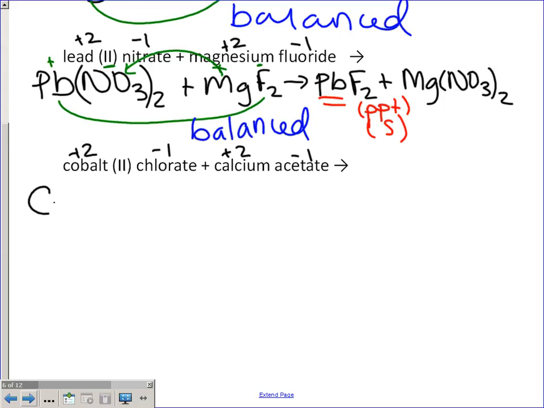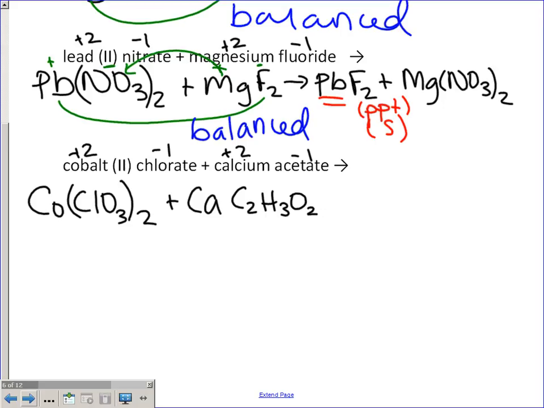So cobalt, abbreviation Co, chlorate, ClO3. This 2 from cobalt needs to distribute to all of chlorate, so I'm going to put these in parentheses, plus calcium acetate. Again, the 2 from calcium needs to distribute to all of acetate, so I put a 2 in parentheses there.